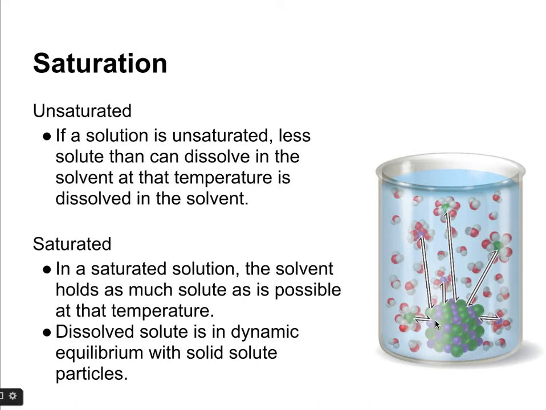That's what these double arrows mean. For every solute particle that is dissolved, there's one put back onto the main solute mass. So you don't see a change. The mass of the solute stays the same, but it's in dynamic equilibrium. That means there's something always happening, we just don't see it.